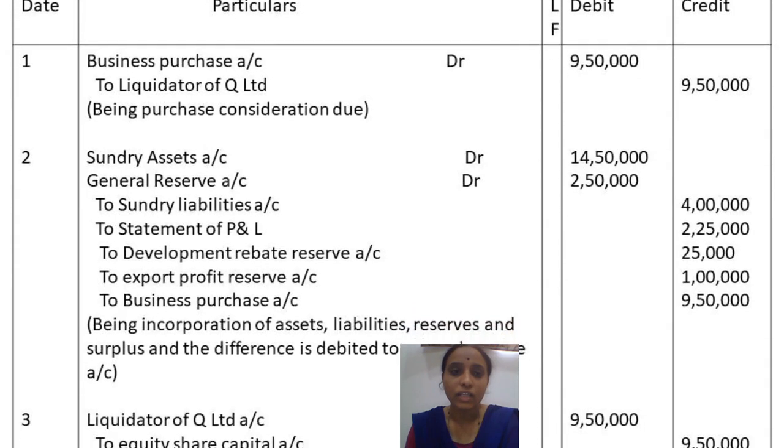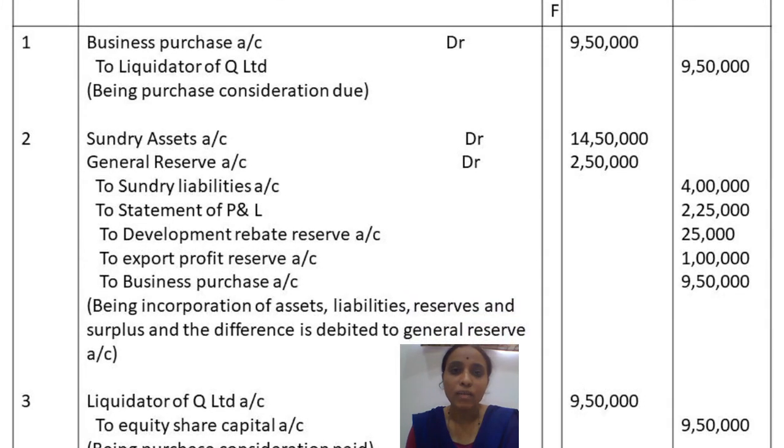The next is for incorporation of all the assets and liabilities and general reserve of Q Limited. So the sundry assets 14,50,000, general reserve 2,50,000, sundry liabilities 4 lakh, statement of P&L 2,25,000, development rebate reserve is 25,000, export profit reserve is 1 lakh, and business purchase account, that is purchase consideration, is 9,50,000.